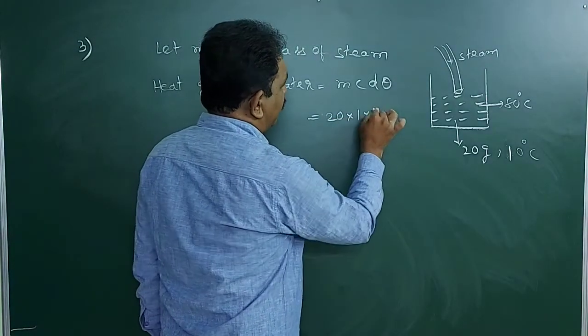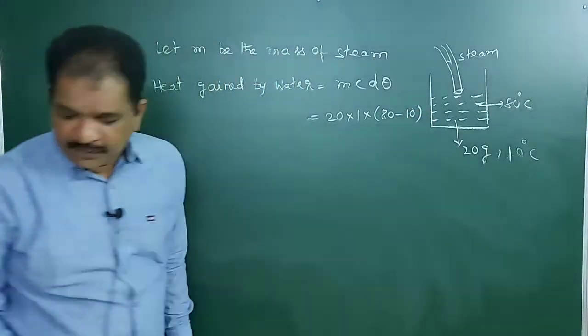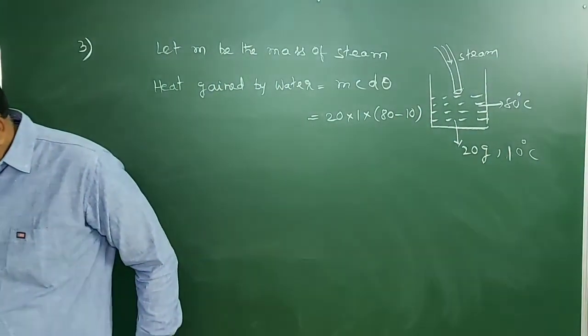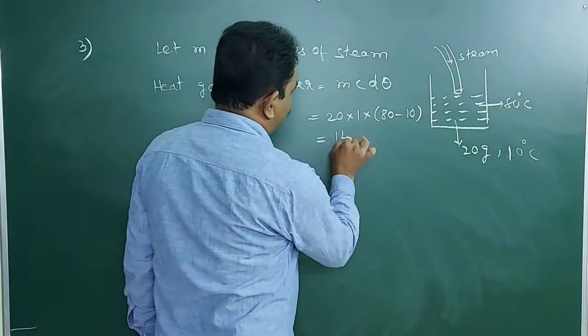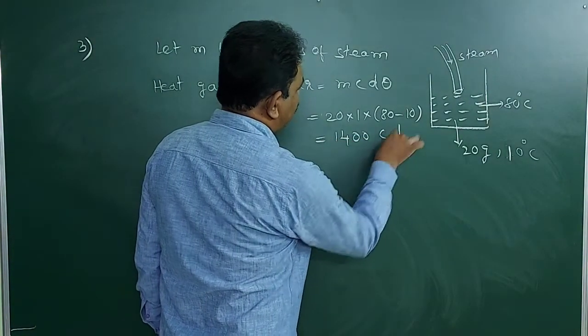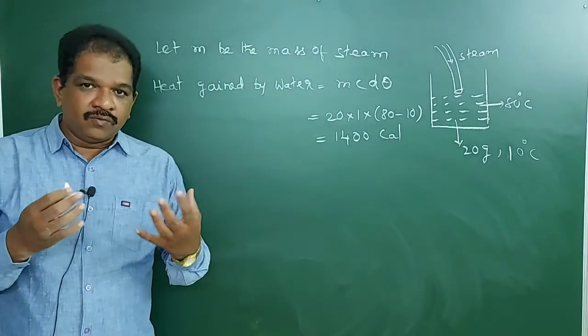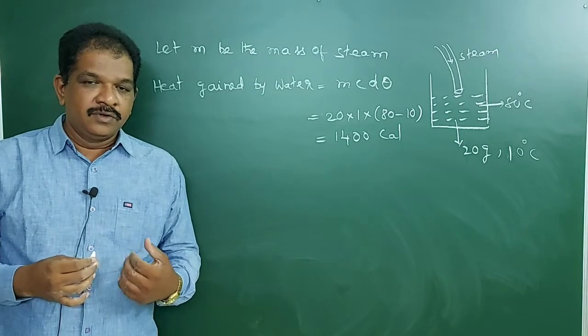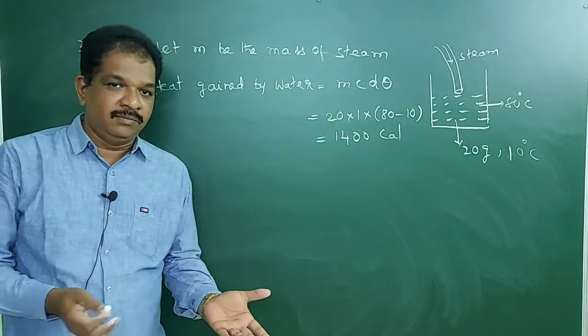Specific heat of water is 1. Temperature difference is 80 minus 10. So this value will be 1400 calories. This amount of heat water absorbed. So that amount of heat should be given by the steam.